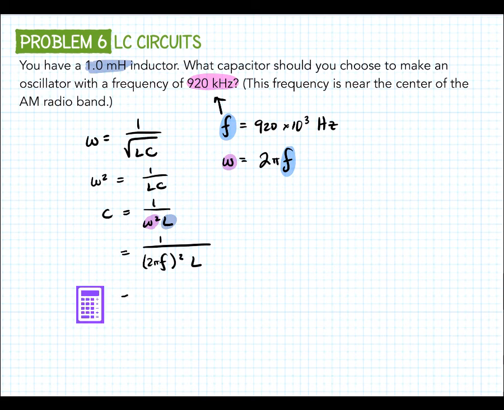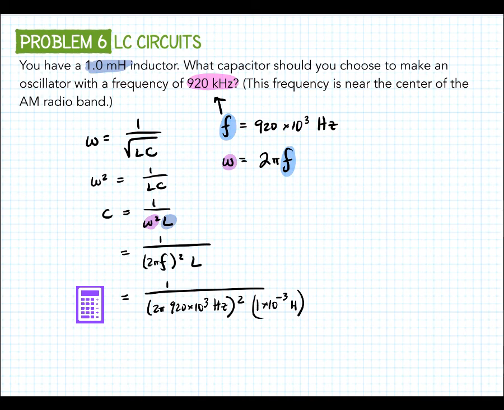Okay, so now we can plug in our numbers. This becomes 1 over 2 pi times 920 times 10 to the third hertz. We square the whole thing, and this is 1 times 10 to the negative third henries.